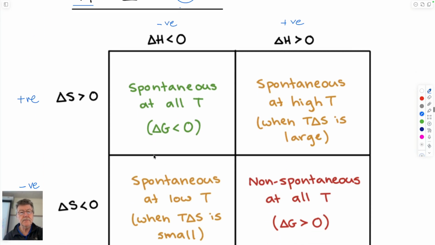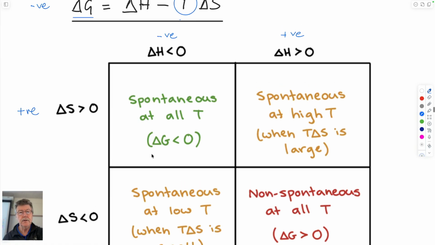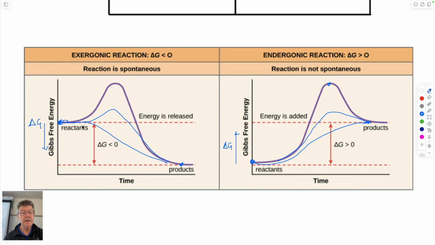Spontaneous at all. So delta H is negative, so this has to be positive. So this one will always end up moving, always occur. So we don't have to put any energy into this system to make it go from here to here because we're always going down here. We don't have to go through this activation energy.